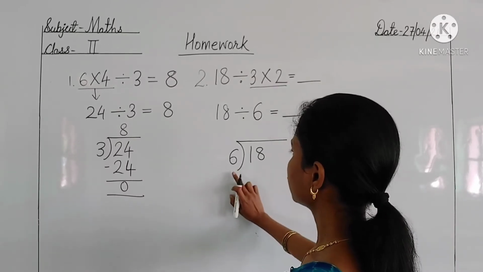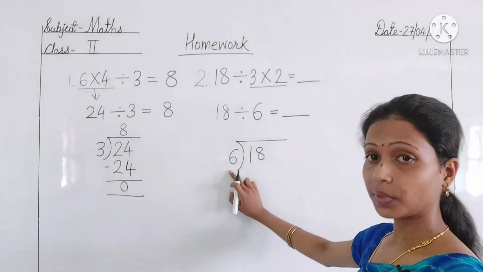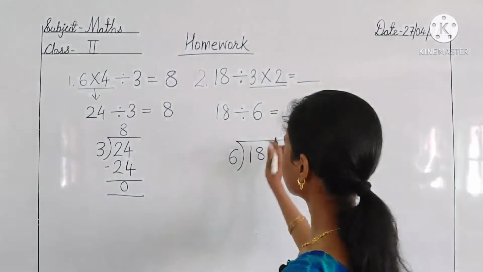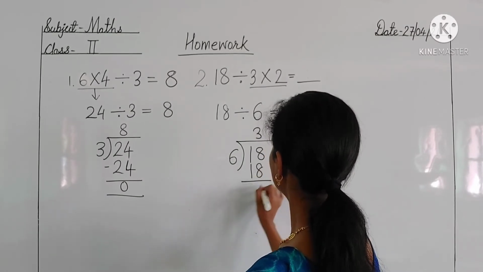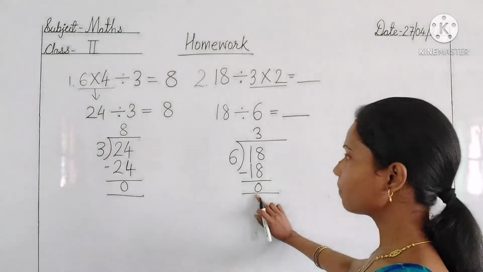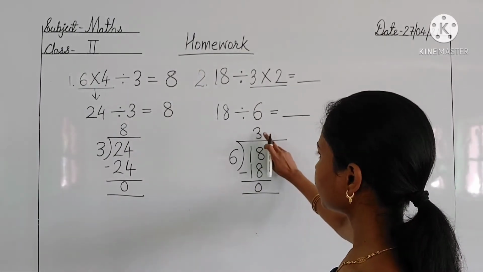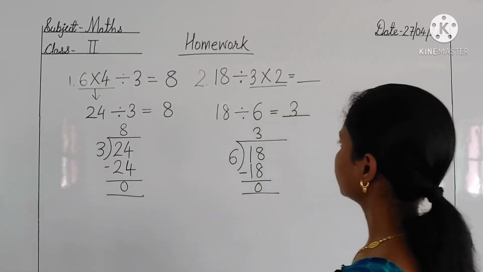So 6 1s are 6, 6 2s are 12, 6 3s are 18. So what we will write? 6 3s are 18. Subtraction 0. So the remainder is 0, but the quotient is 3. So quotient is the answer. So we will write down 3 here.